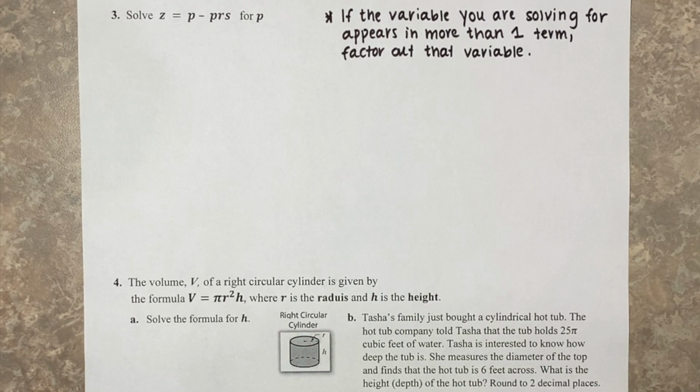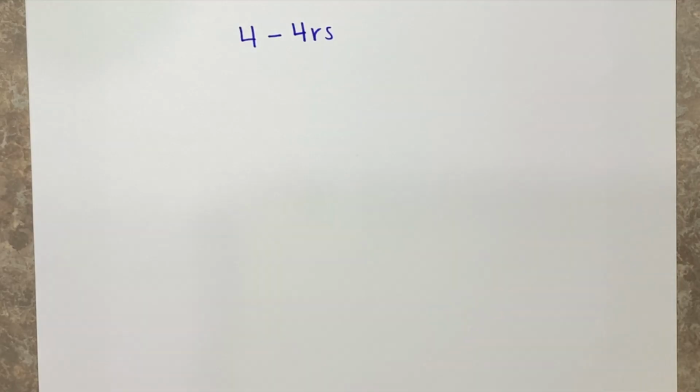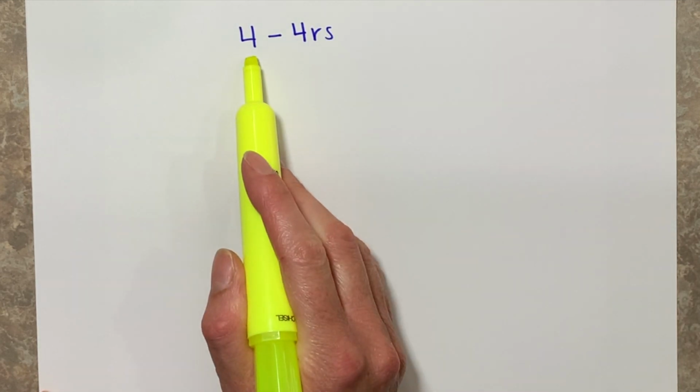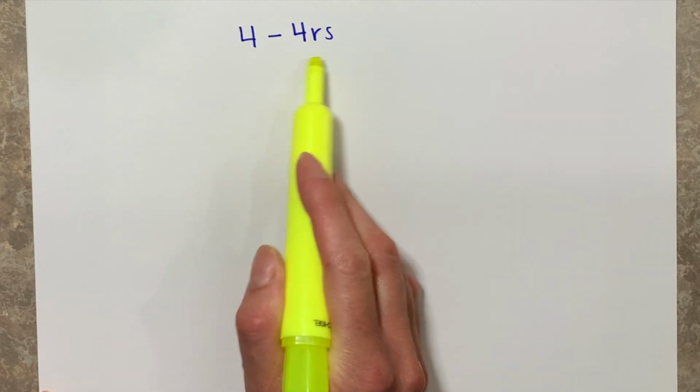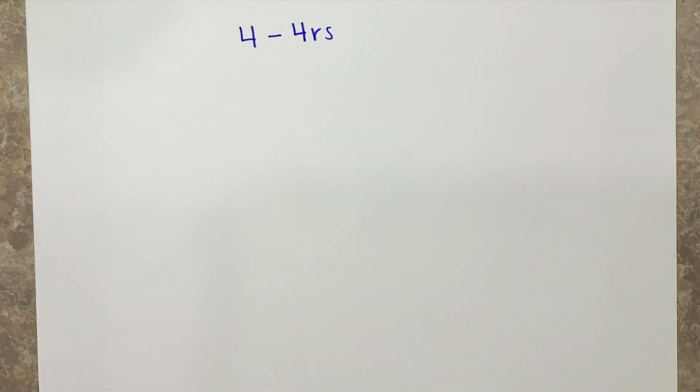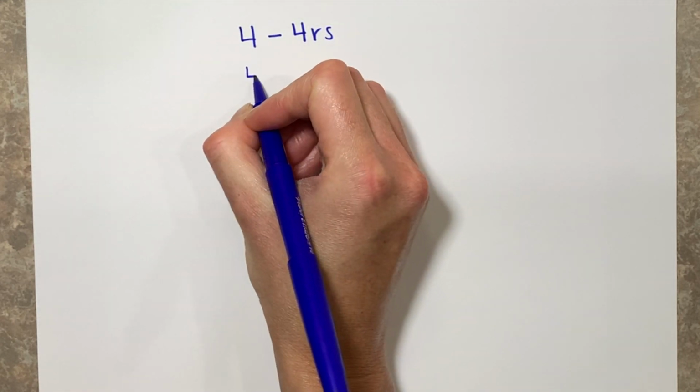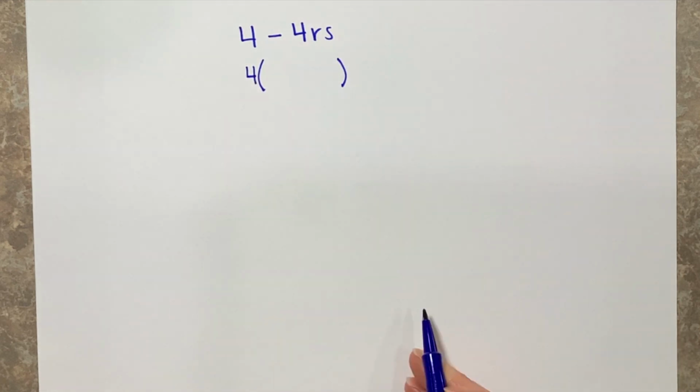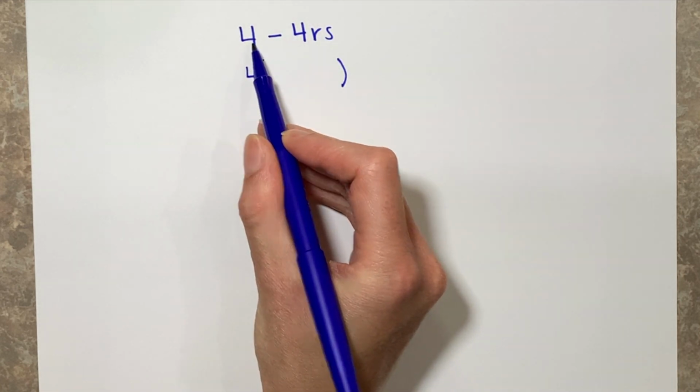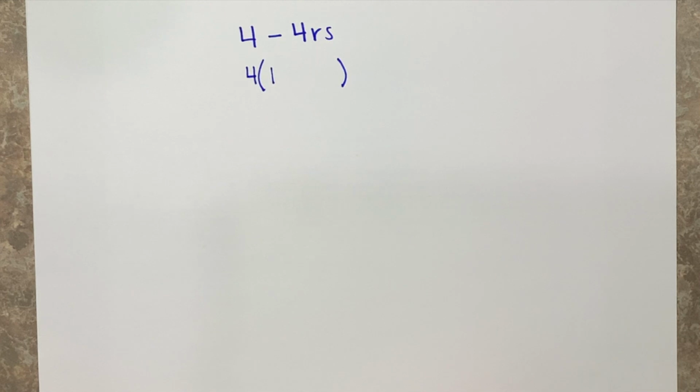So just a quick review of factoring. When you're factoring, you want to look for the greatest common factor between your terms. So here, if we consider these two terms, the greatest common factor is 4. So to factor this, we would factor out the 4, and then we would say, okay, 4 times what gives us 4? Well, 4 times 1 gives us our 4.